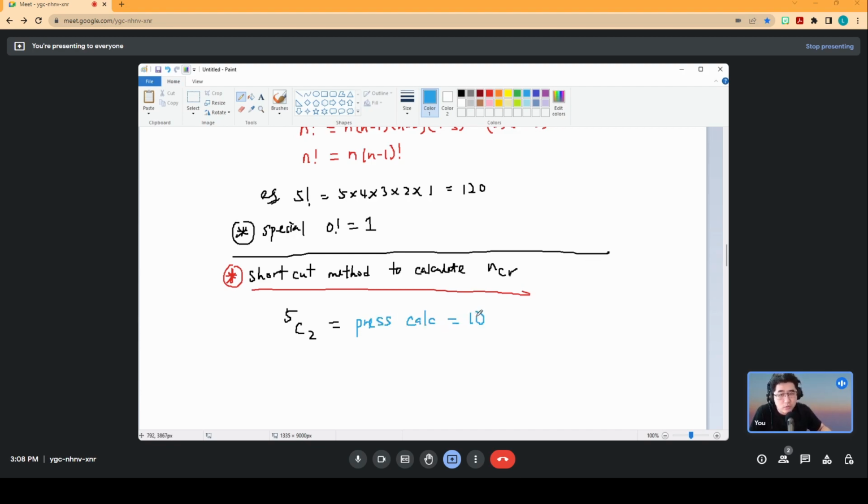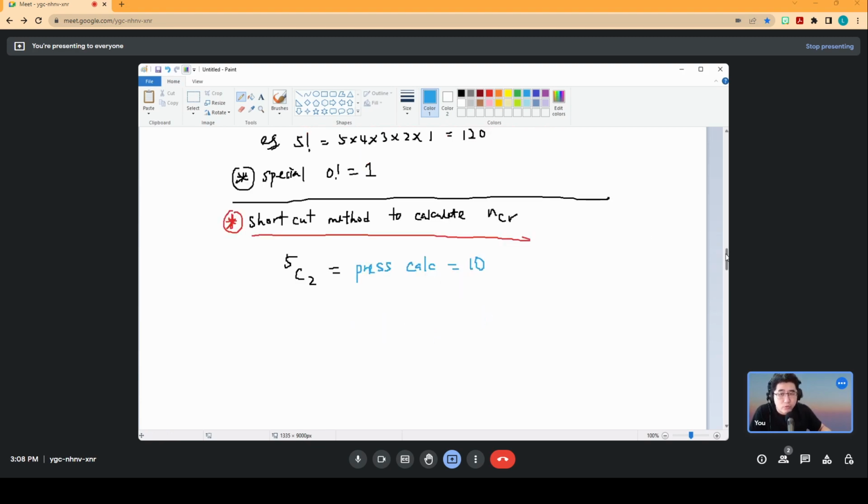But the thing is, what happens if you have a reverse question? So 5C2 here. First I draw a line. 2 here means 2 numbers below, 2 numbers above. The first number above starts with 5, whatever the value that we have here.